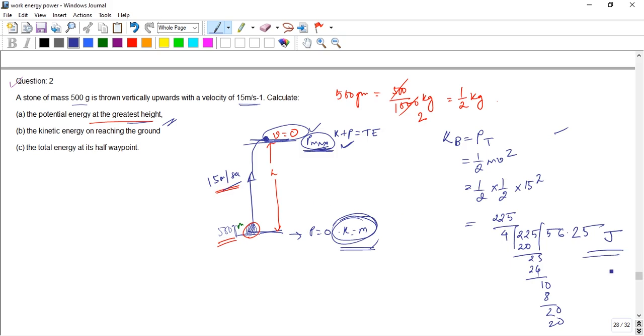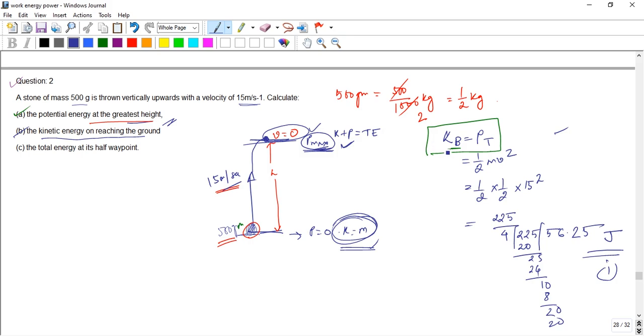That is the first answer. The key point here is that potential energy at the top is equal to kinetic energy at the bottom.